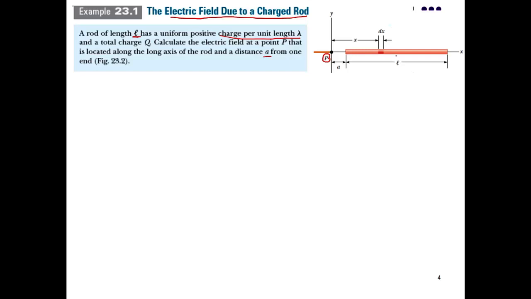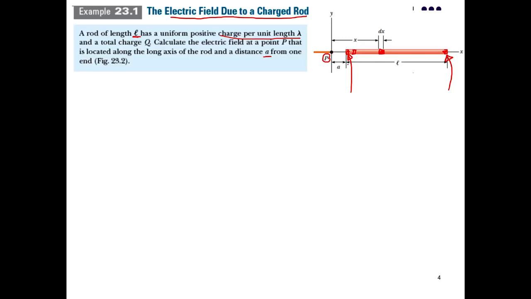The trick is we will divide the rod into many, many small pieces. So this is the first piece, this is the second, this is the last piece. This is one of the pieces that we will use to explain things. We know that the first piece has a location and the last piece has a location. The origin is located here.